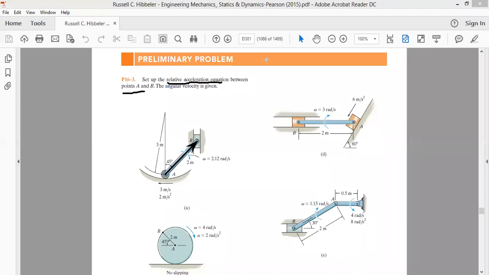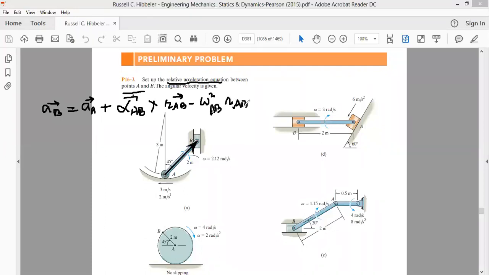Now, as you write the acceleration equation for points B and A, you will write: acceleration of B is equal to acceleration of A plus angular acceleration of the rod or link joining A and B, that is alpha AB, cross radius vector RAB from A to B, minus angular velocity square of the rod AB multiplied by the RAB vector.